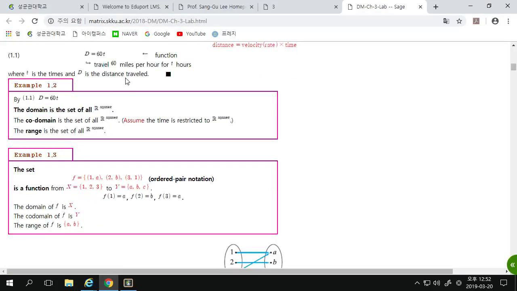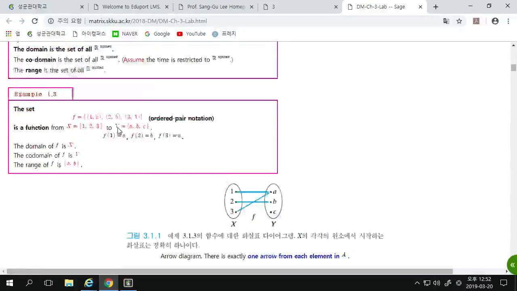In this case, if the domain is the set of all non-negative real numbers, then the codomain is also the set of all non-negative real numbers, and the function is a straight line. With all the domain, it covers all the non-negative reals, so the range is the set of all non-negative real numbers.